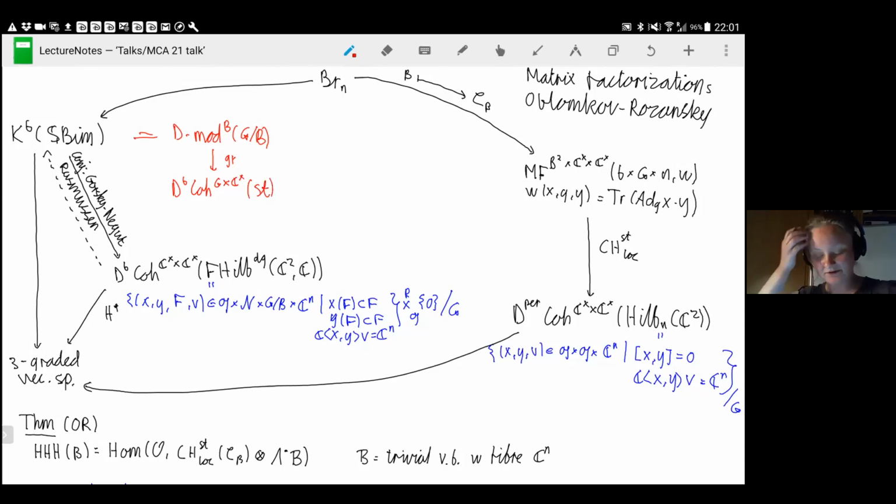This is the Steinberg variety, which is usually written with n tilde the cotangent of G mod B. It can also be written as G times n over B. Now I will construct a natural map going to a space that looks a little bit like the flag Hilbert scheme.